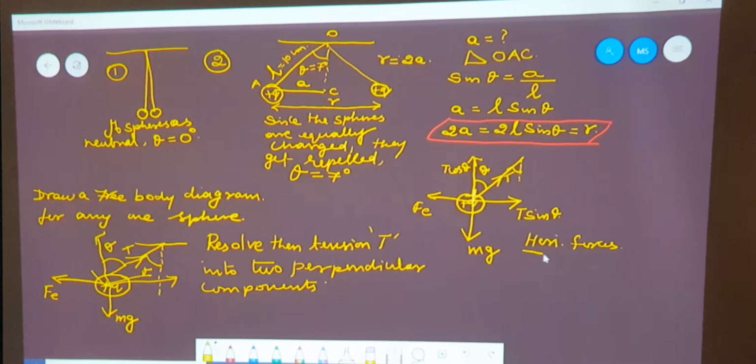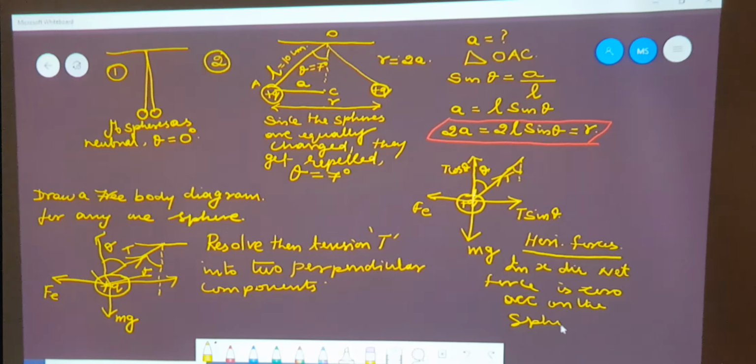In the x direction, the net force is 0, because after repulsion, the charged body is at rest. So net force is 0 means the acceleration on the sphere is also equal to 0.